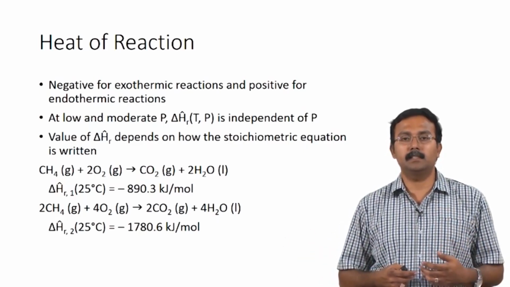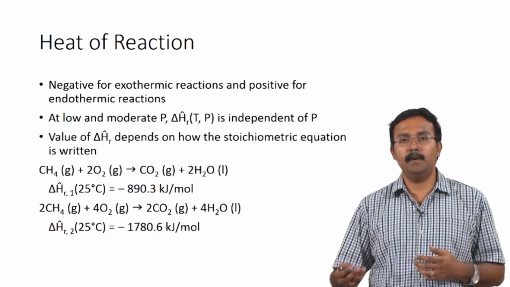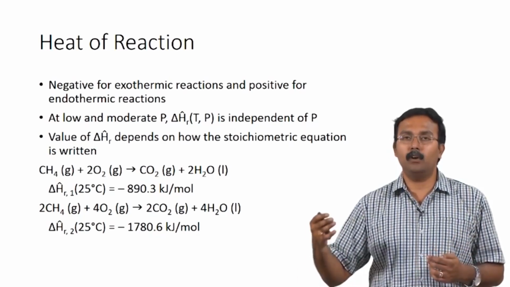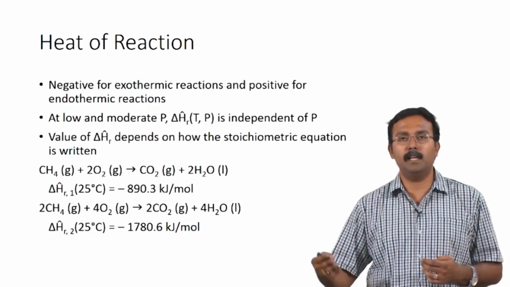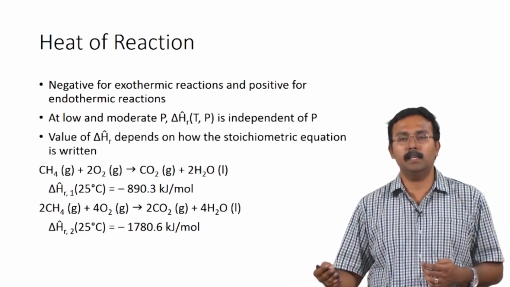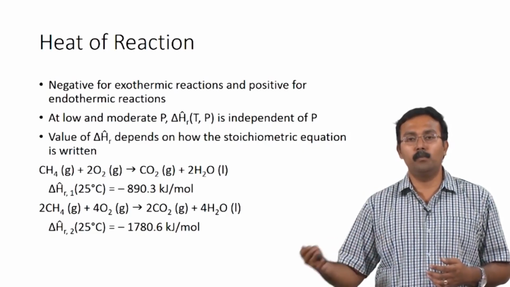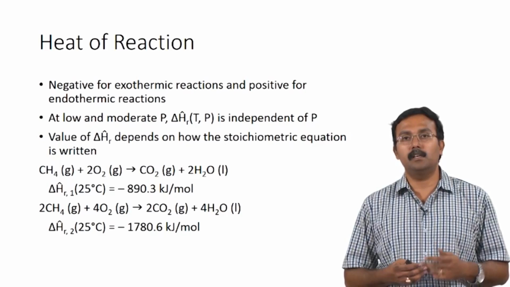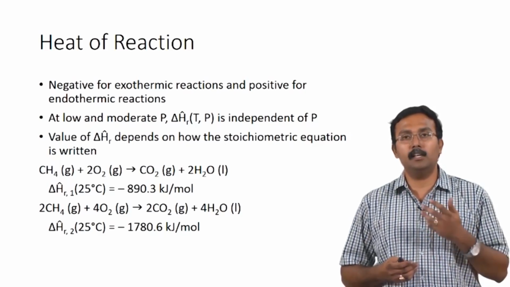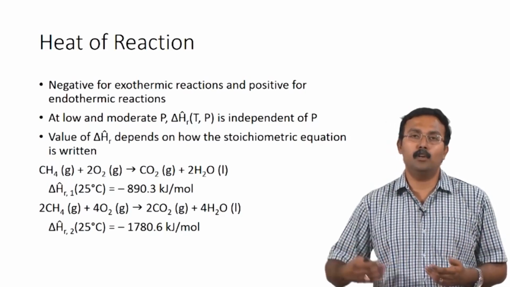Whereas, in the second reaction you have the denominator as 2 moles of methane reacting or 4 moles of oxygen reacting or 2 moles of carbon dioxide being formed or 4 moles of water being formed. Because you have double the number of moles reacting or forming, the heat of reaction would also become doubled.